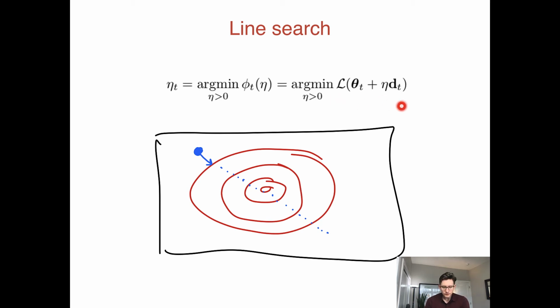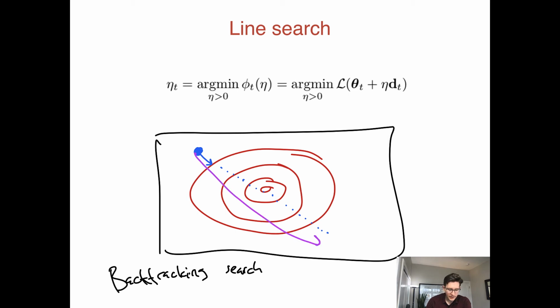That is, you just write out what this is. You take its derivative and set it to 0, and sometimes once you do the algebra, you can find that solution. Another option is to do what's called backtracking search. That is where we first pick some constant initial step size. Let's say that takes us all the way to here. And then we ask, at that new location, we compute the new likelihood.